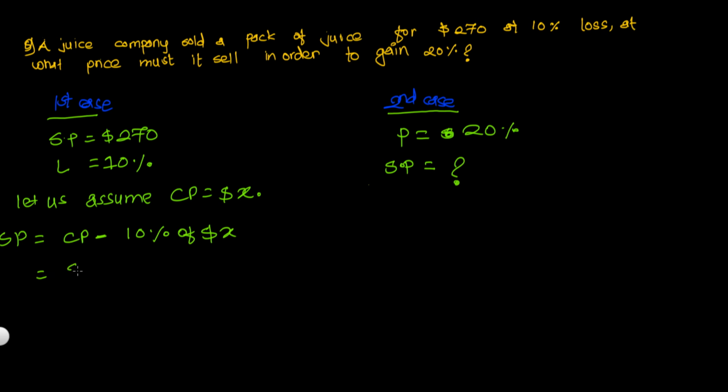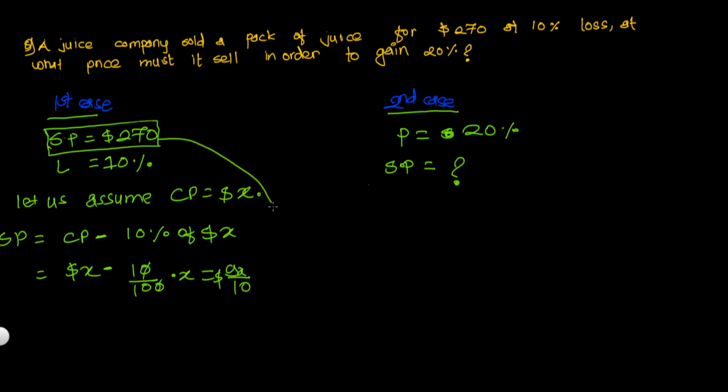CP is again $X minus 10% of $X, which is 10 over 100 times X. So it will be 10x minus x over 10, which is 9x over 10. This is our SP, but the amount of SP is given. So this amount must be equal to this amount because it's for the same juice.